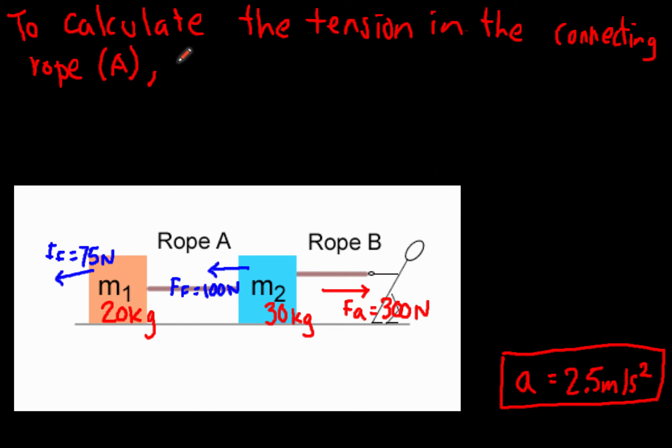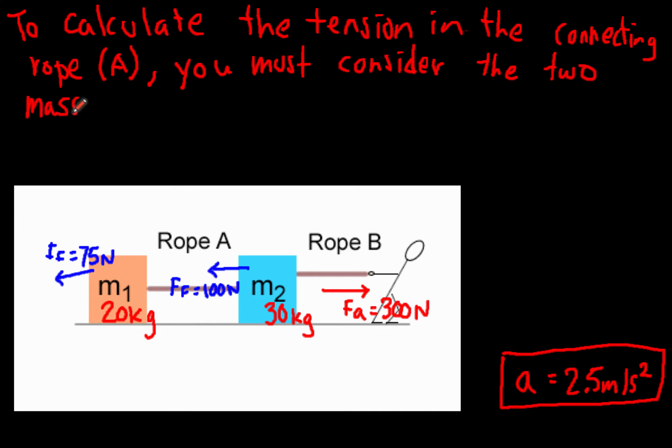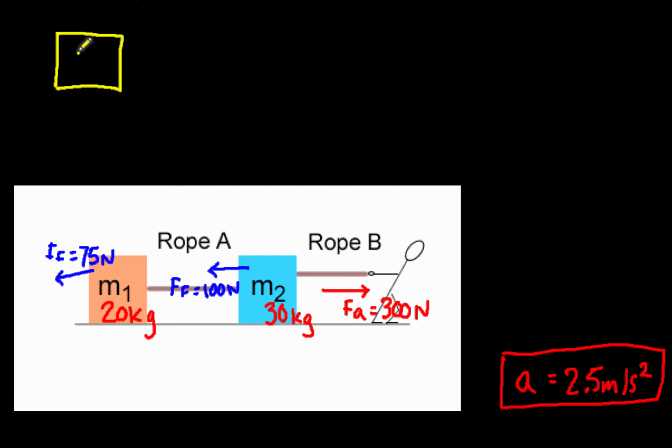The connecting rope, which is rope A, and to do this, you must consider the two masses separately again. If we consider mass 1, for example, which is 20 kilograms, it has a force of tension being pulled to the right, and the force of friction to the left is opposing it.